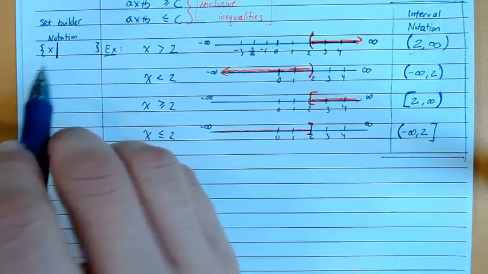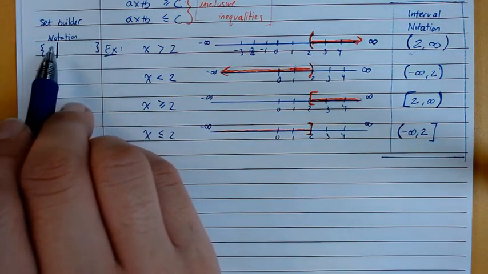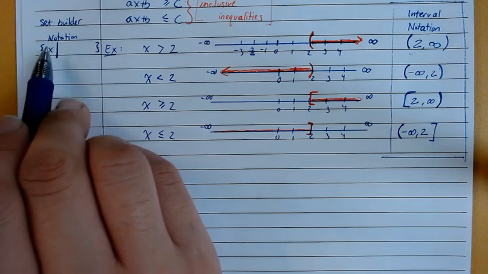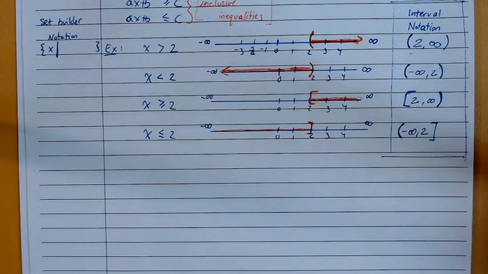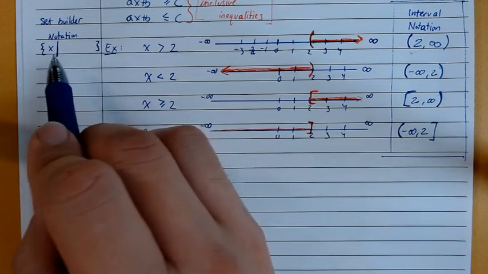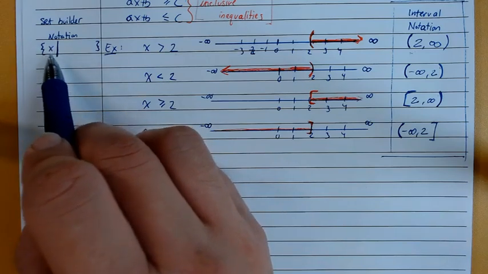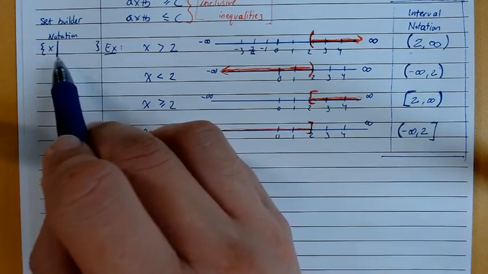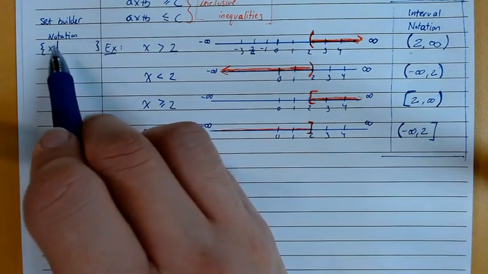And this bar separates the two parts of our set builder notation. This represents, here's what I want. I want a single number. If you wanted ordered pairs, you could say I want x comma y. Whatever it is you're looking for, whatever your answer is supposed to look like, that goes here. And then after the bar, you want to write a description of what these answers are supposed to be.